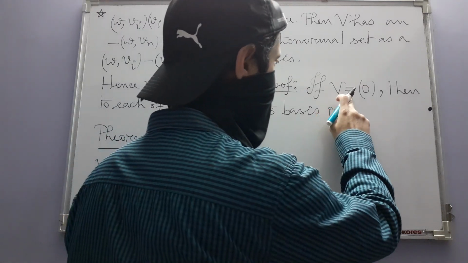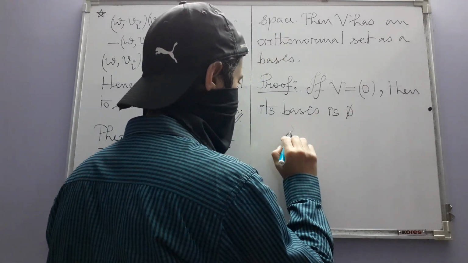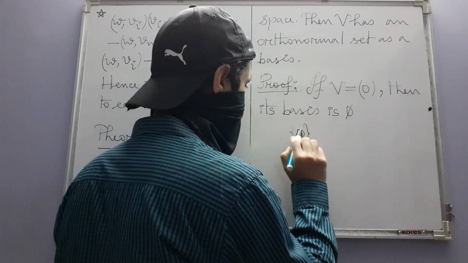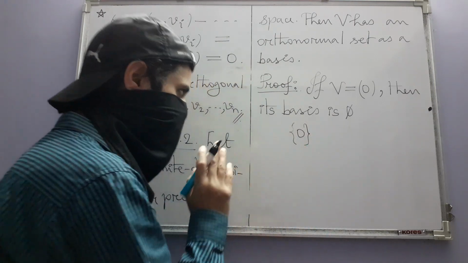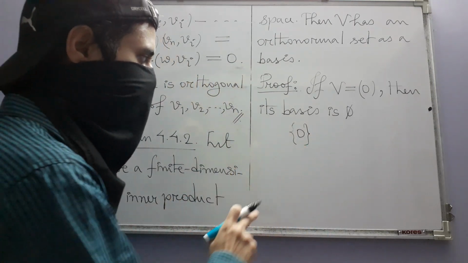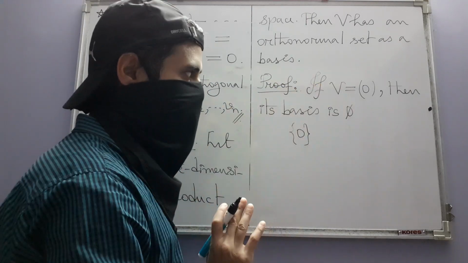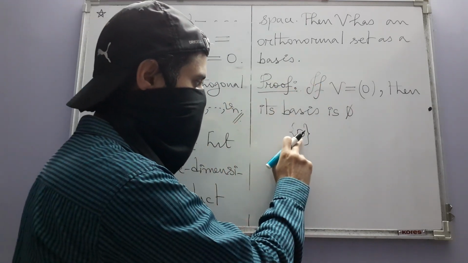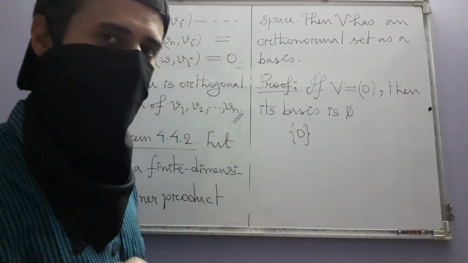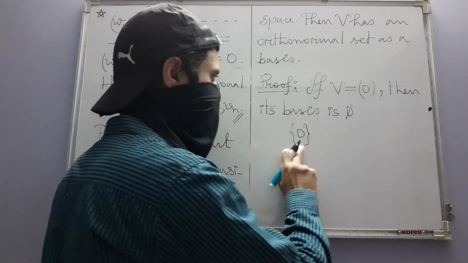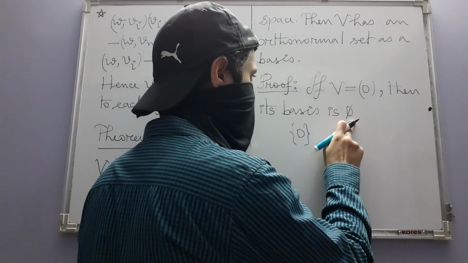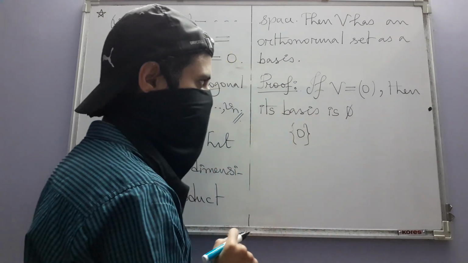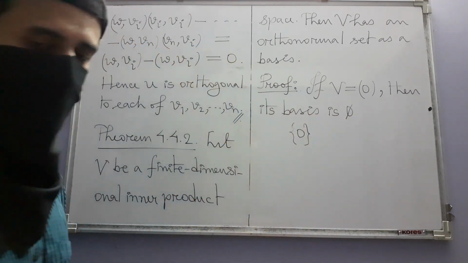When you are dealing with the zero space, this set consisting of just that zero vector spans V, but this is not a linearly independent set because it has the zero vector in it. But the empty set also spans V and it is linearly independent, so this is the basis.